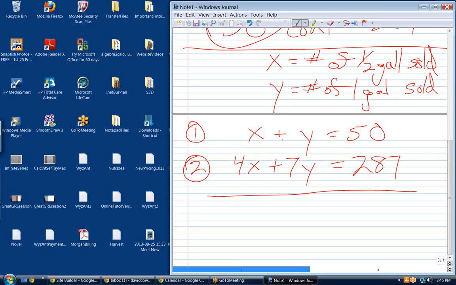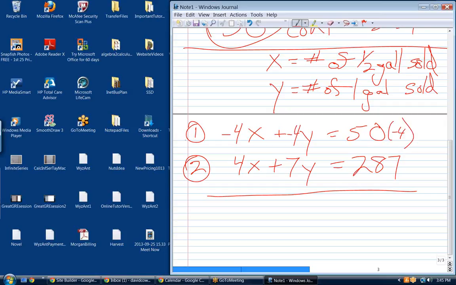The idea is to get one of these equations such that when it is added to the second equation, one of the variables disappears. Well, how can I do that? I can multiply the top equation by -4, every term. So -4 there, -4 there, and times -4 there.